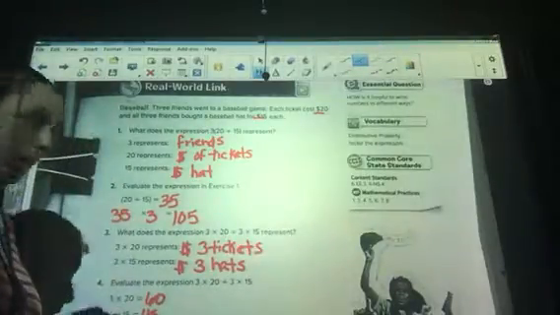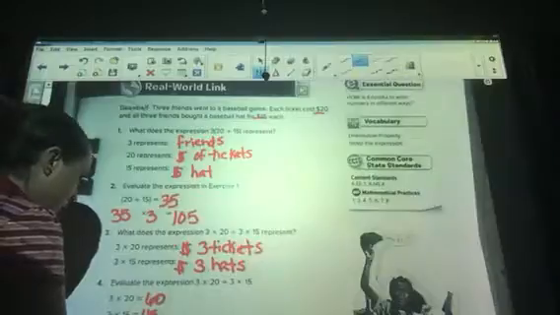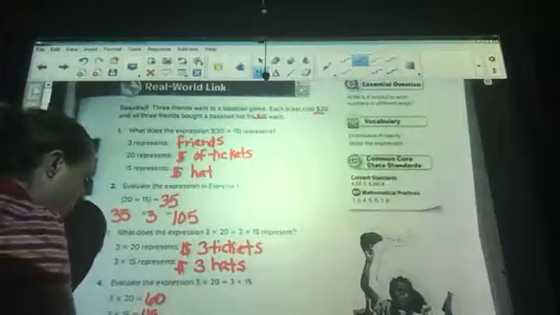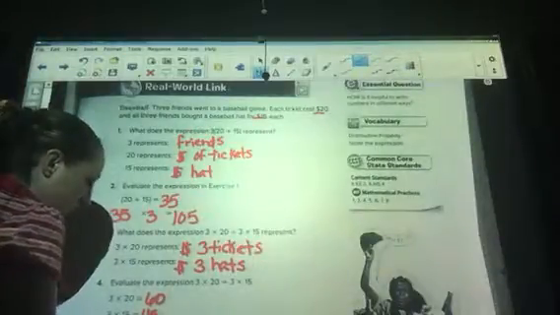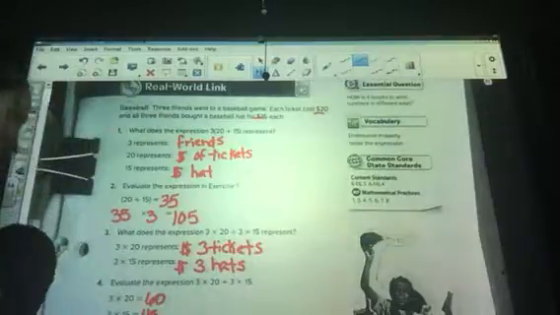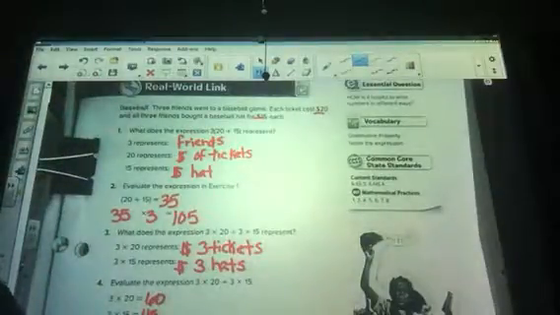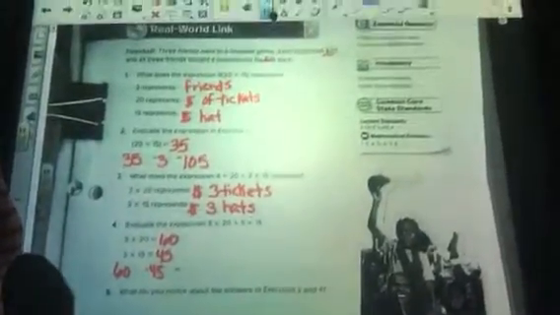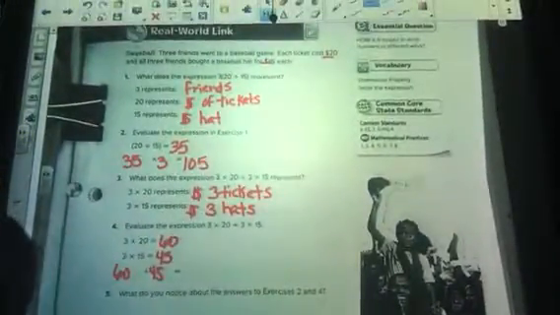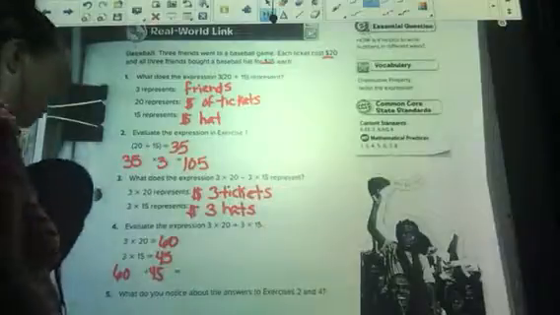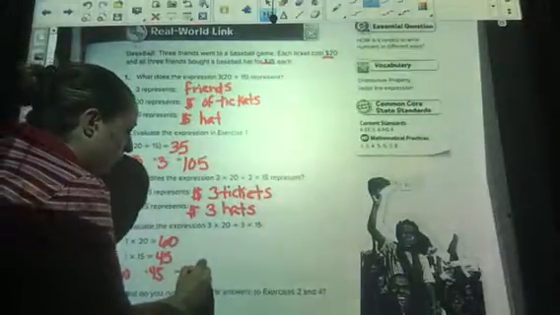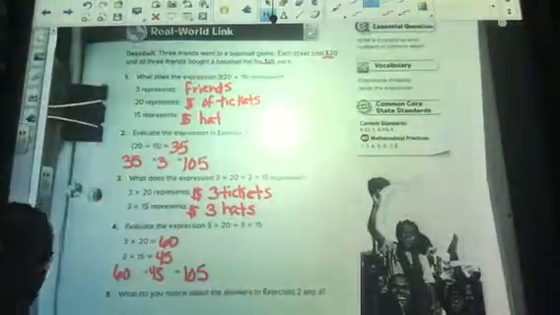And then all we have to do is add them together. 60 plus 45. Let you think about that for a second. 60 plus 45. 105. You get the same exact answer.